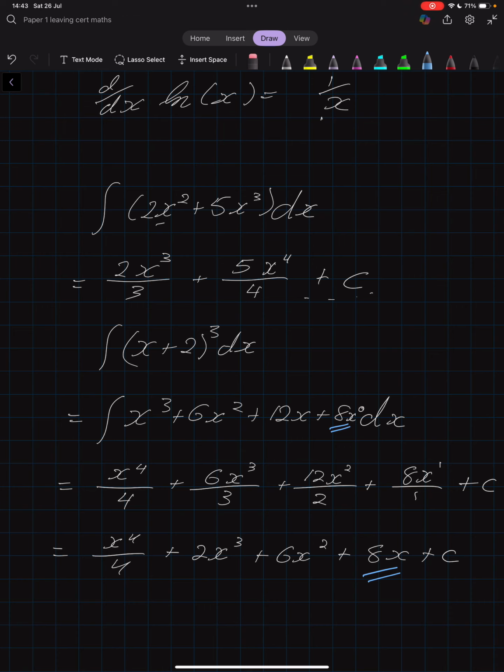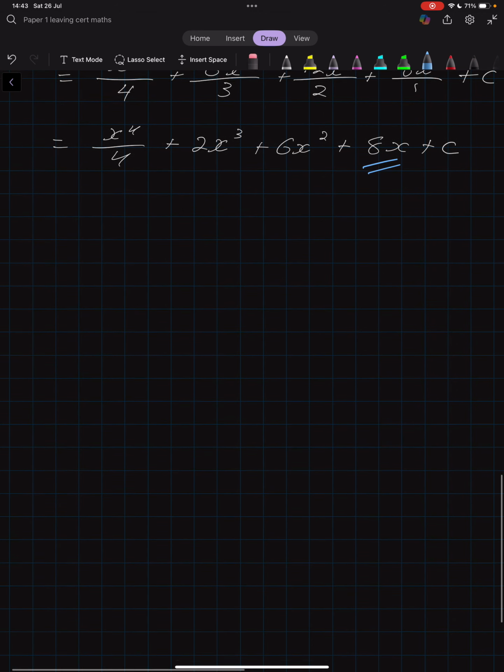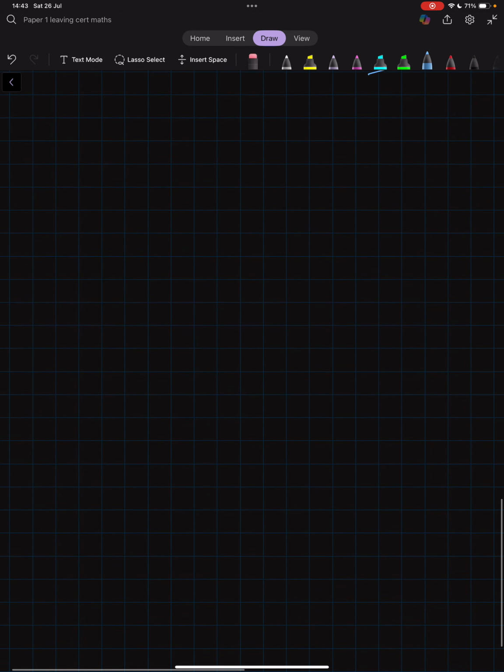Now, one more thing that I want to do is displacement, velocity, and acceleration, because you can be asked it. So what problem do we have? It says a ball is thrown upwards. We have a cliff, and you have someone up here.